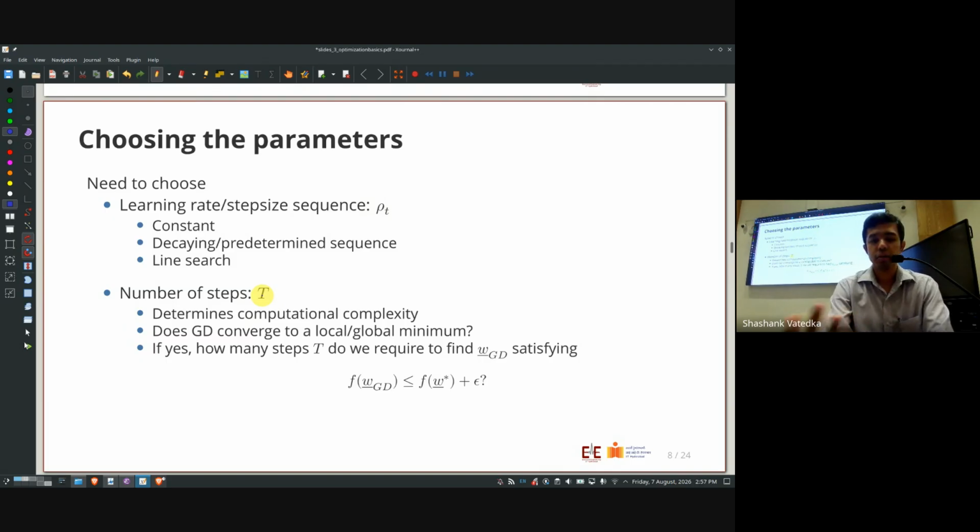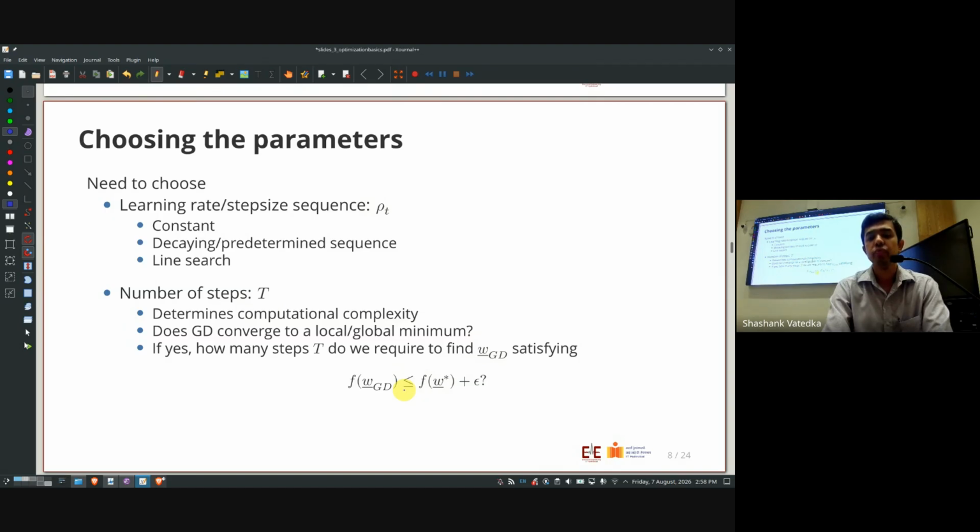But a much higher level question is, does gradient descent at all converge to a local or a global minimum? And if it does, then how many steps do we need to find a point that is at least epsilon close to either the global or the local minimum?